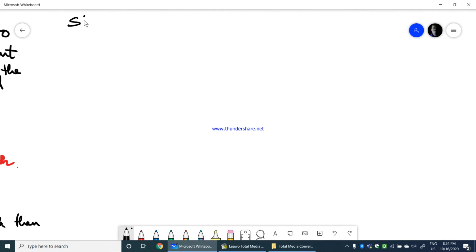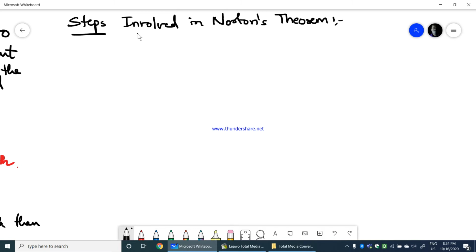So steps involved in Norton's theorem. So step 1 is to find out the Norton's current. Okay, Norton's current is what step 1. So how do you find out the Norton's current here is, we again remove the load.